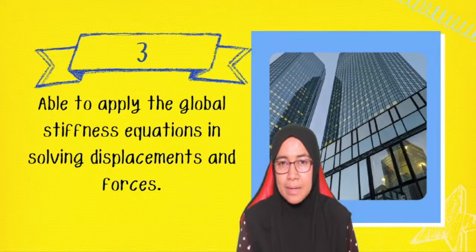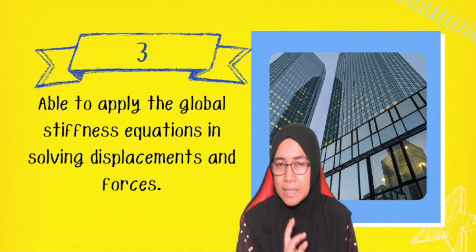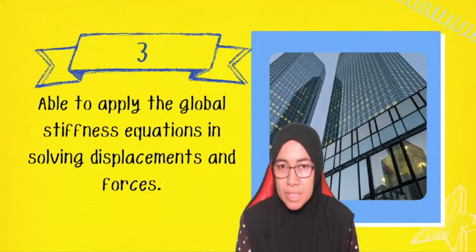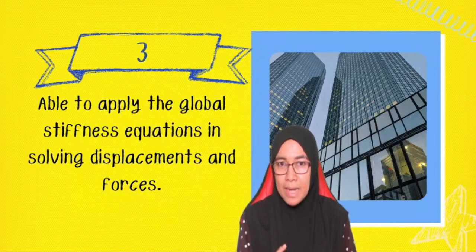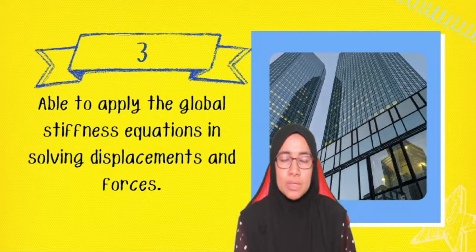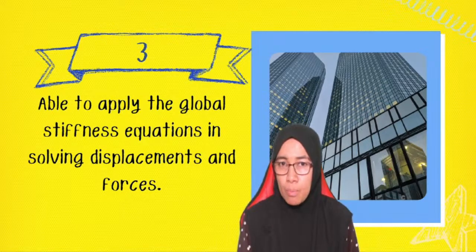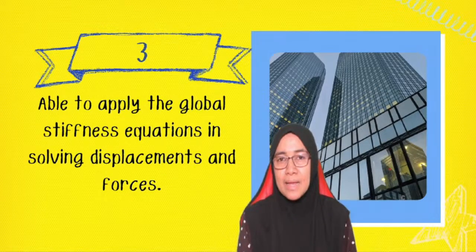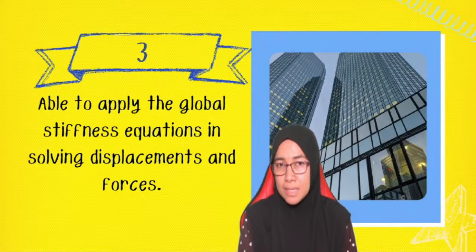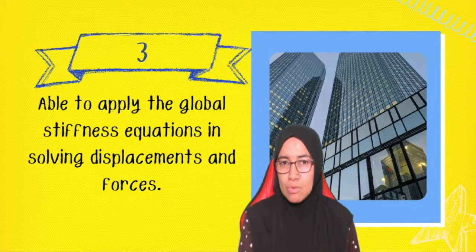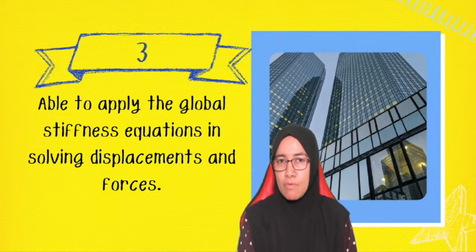For these 2 or 3 unknowns, we can solve using simultaneous equations, which we write in matrix form. So the unknown displacement D is the first output from solving the stiffness equation. After that, we put the displacements D1, D2 and D3 back into the stiffness equation and solve for the unknown reactions, and we can also use the displacements to solve the member forces in the truss.